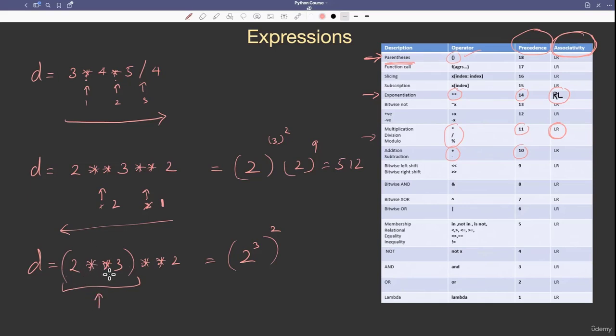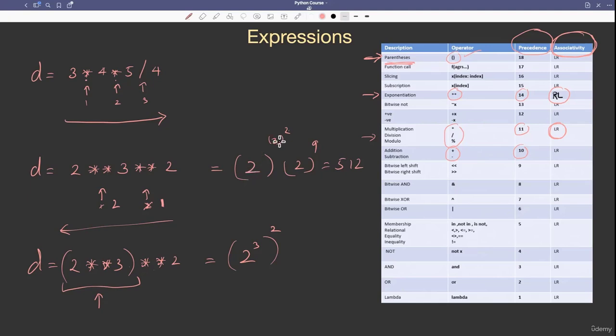Because of the parentheses, this became a higher precedence now. I have numbered the highest precedence as 18 here, I have given the numbers for explanation. So this is the highest precedence. Then this one is executed because of the parentheses. It looks like this: 2 power 3, then the entire result is given power 2. But here, first 3 power 2, then that is given as power to 2.